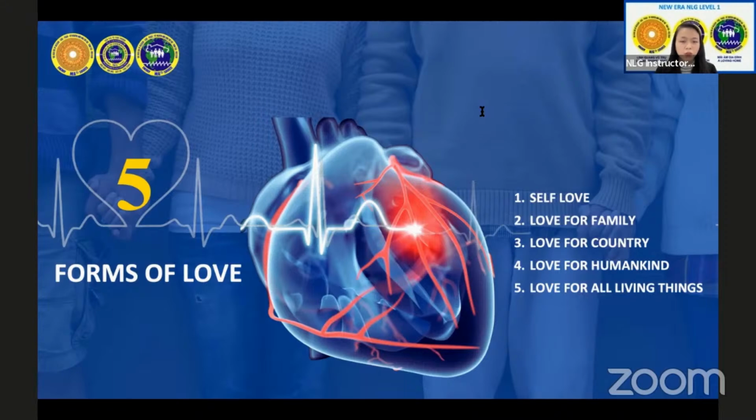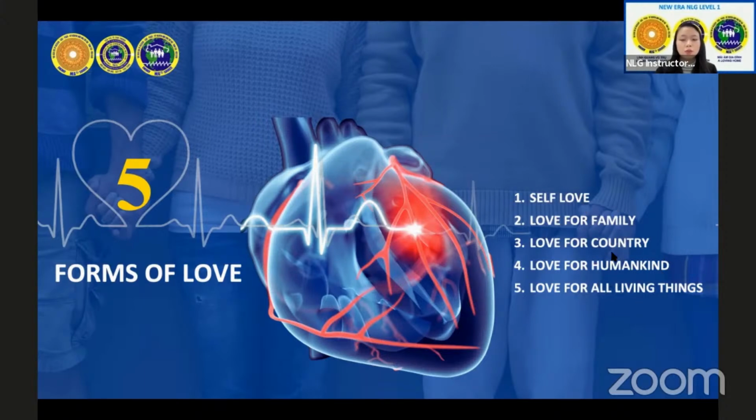And the question that we need to ask after we are aware of these forms of love is, how can we maintain this on a day-to-day basis? Because remember that as we go on with NLG, we will try to work on the other forms of love as well.